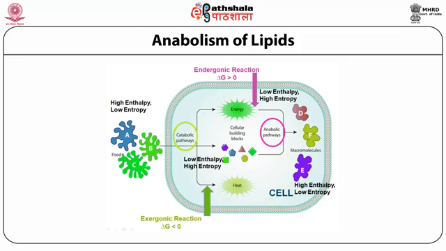Cellular building blocks are formed, and during an endergonic reaction where low enthalpy, high entropy, and high enthalpy, low entropy, the anabolic reaction proceeds, resulting in the formation of macromolecules. So energy is utilized during the anabolic process, whereas heat is liberated during the catabolic process.